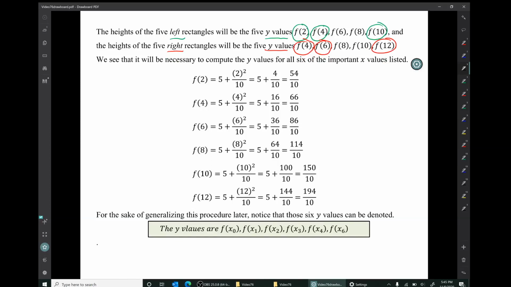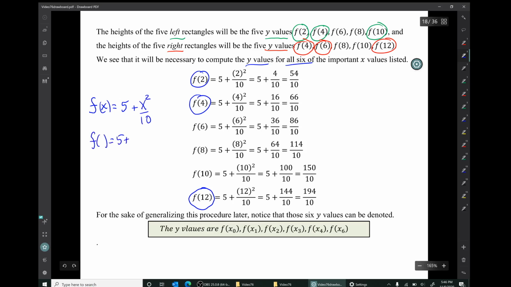So we see that it's going to be necessary to compute the y values at all 6 of those important x values that are listed. So starting with f parentheses 2, f parentheses 4, all the way up to f parentheses 12. Now remember the formula for our function. That's the formula for our function, and that's what's used to do these calculations. You just simply plug those x values into that formula.